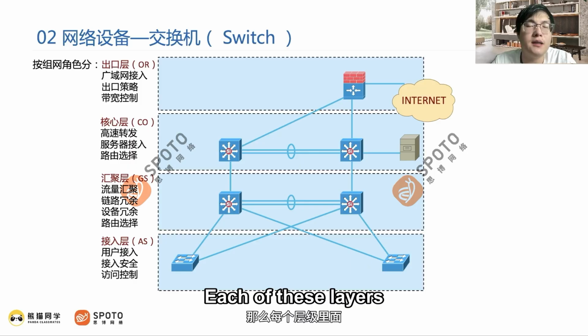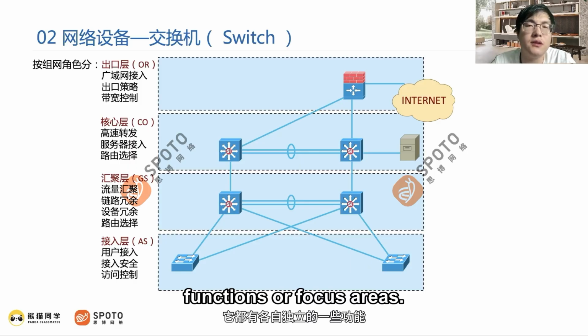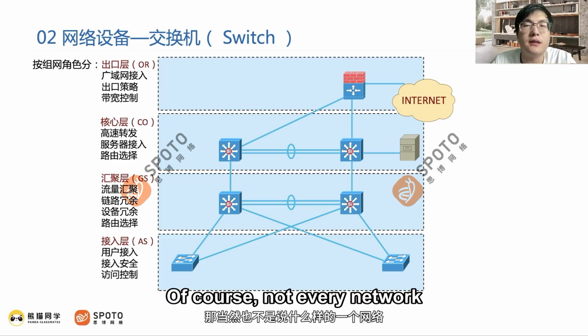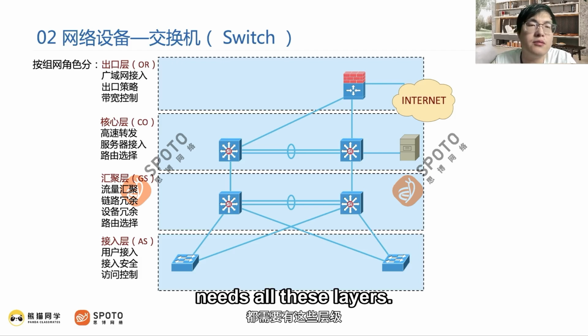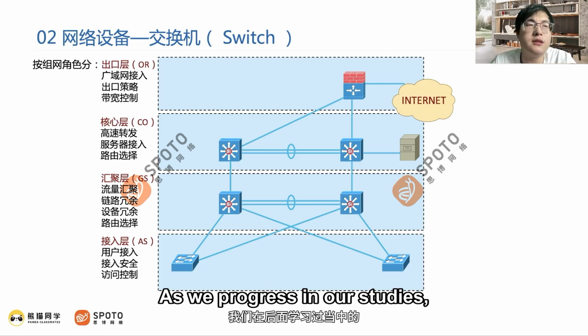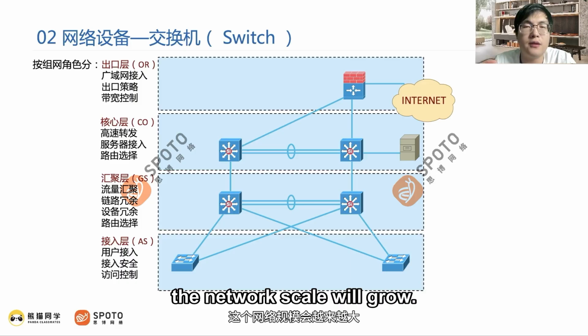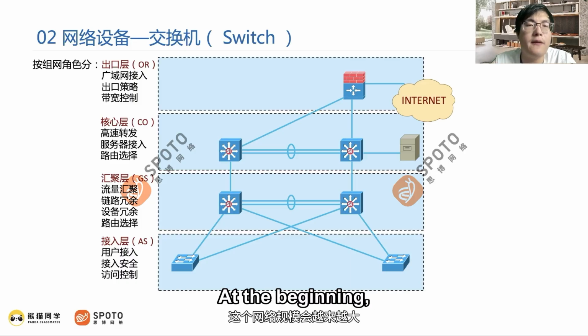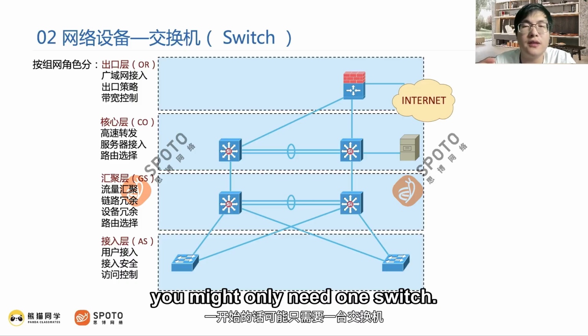Each of these layers has its own independent functions or focus areas. They differ. Of course, not every network needs all these layers. As we progress in our studies, the network scale will grow. At the beginning, you might only need one switch.